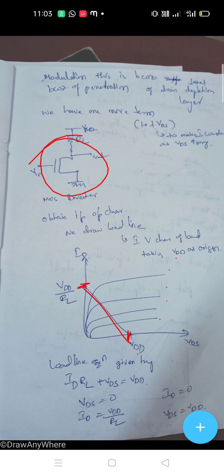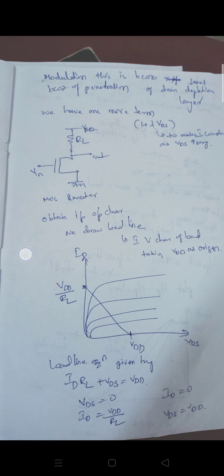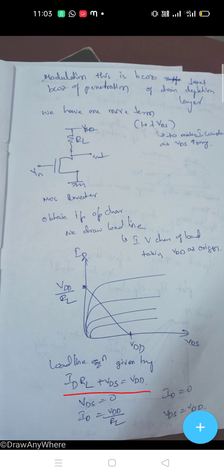The current flowing here is ID, so ID into RL plus VDS equals VDD. We get the intercepts by applying VDS equals 0 in this equation. When we apply VDS equals 0, what happens?